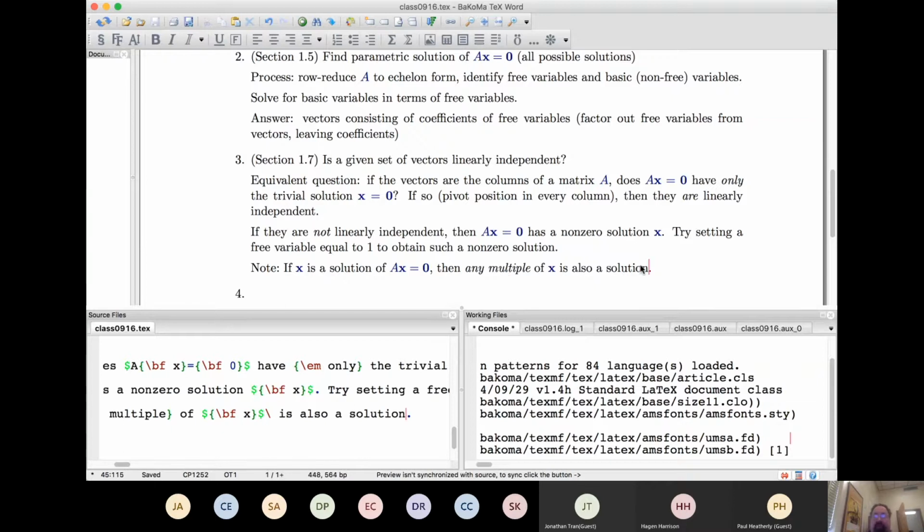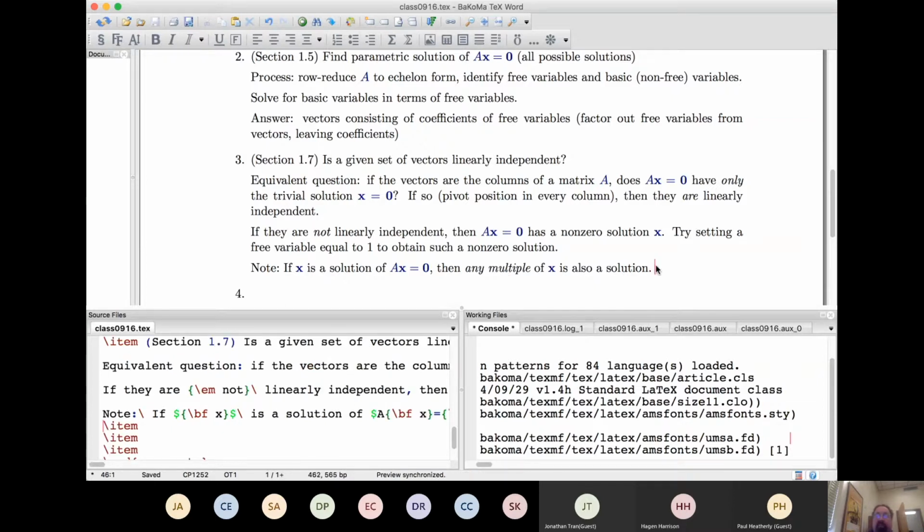The reason I make this point is suppose you find that the vectors are not linearly independent, and the question asks for a linear combination of these vectors that gives you 0. In other words, what's a solution of Ax equals 0?